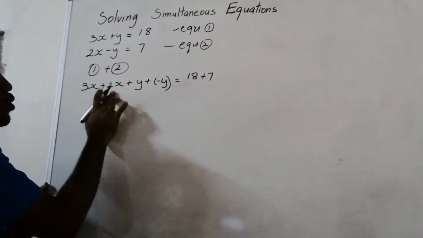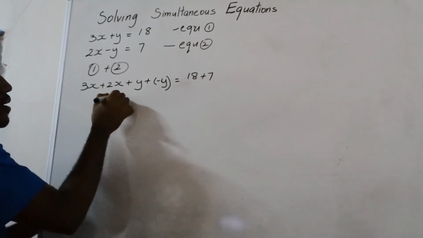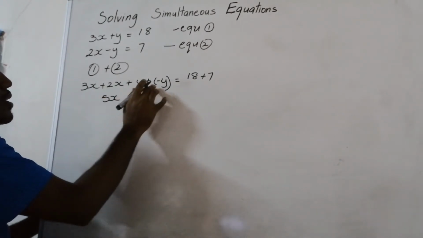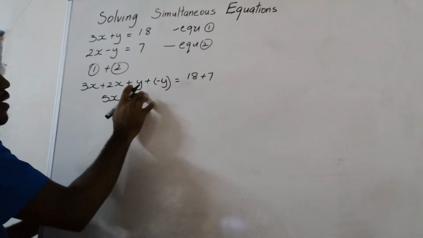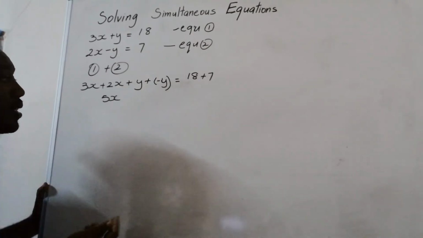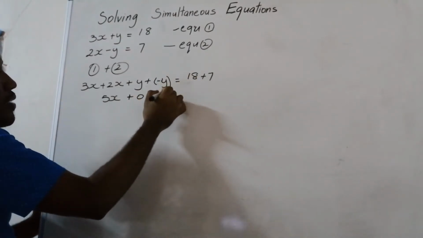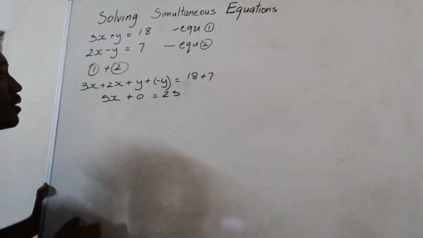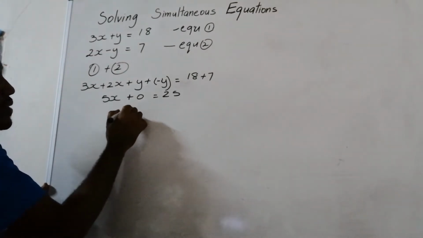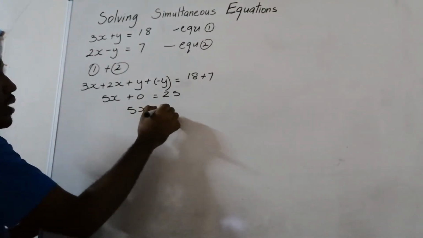3x plus 2x will give us 5x. y plus minus y will give us 0. And 18 plus 7 will give us 25. So now we have 5x is equal to 25.